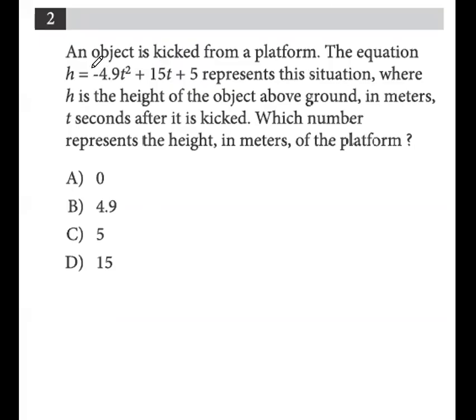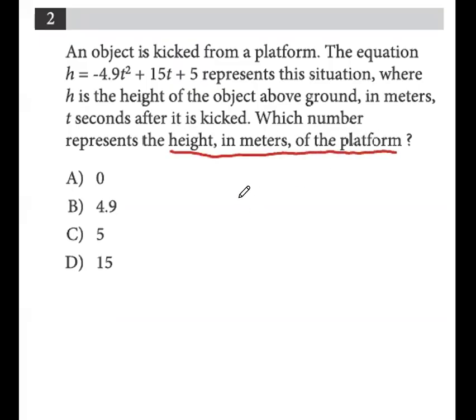The equation h equals negative 4.9 t squared plus 15t plus 5 represents the duration. H is the height of the object above the ground, t seconds after it's kicked. Which number represents the height in meters of the platform?